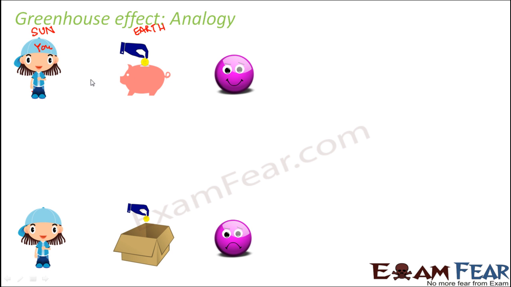So all the solar radiations will remain inside the earth. So much solar radiation inside the earth will make it very, very hot. The earth will become too hot because there is too much incoming radiation and no outgoing radiation. So too much heat inside the earth, and the temperature will increase too much.